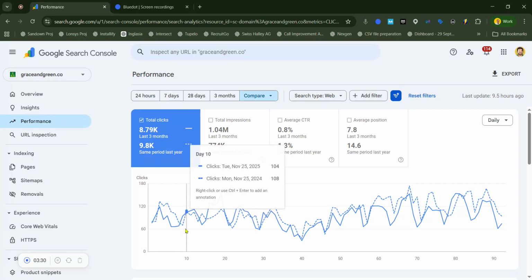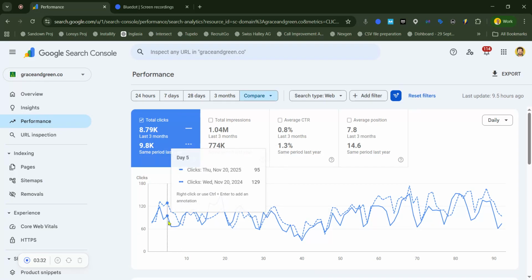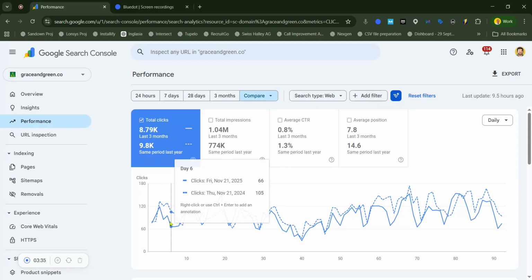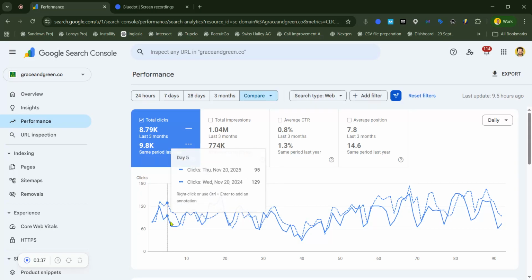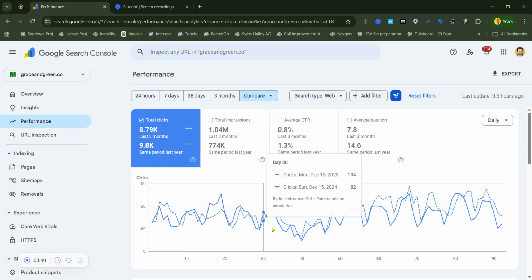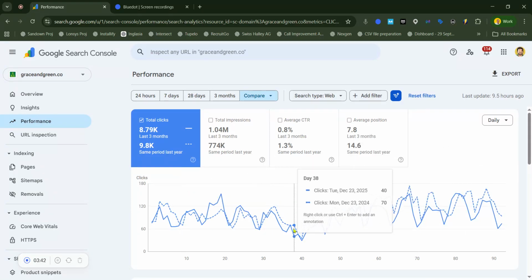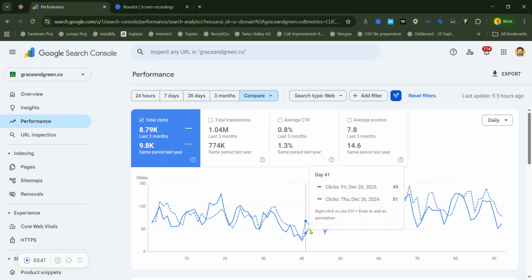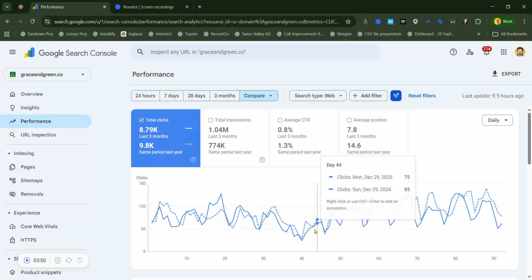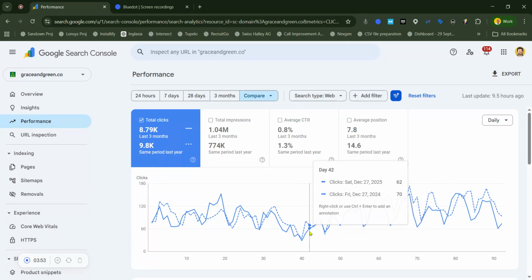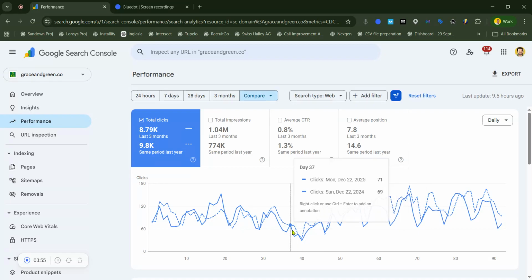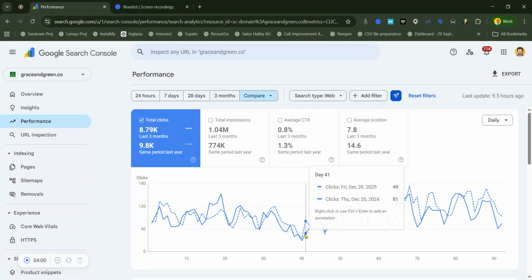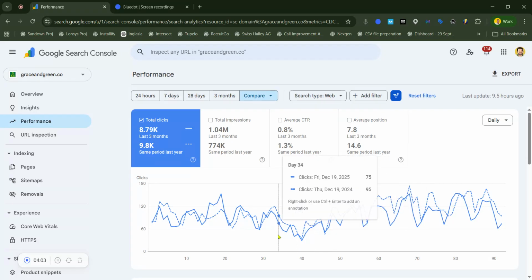The dip last year happened November 25, but you can see the traffic was consistently going down between November 21st and the lowest low of that period, between December 23rd and December 27th. It's a common thing for both years. So this is not just a drop in traffic, it's also seasonality.